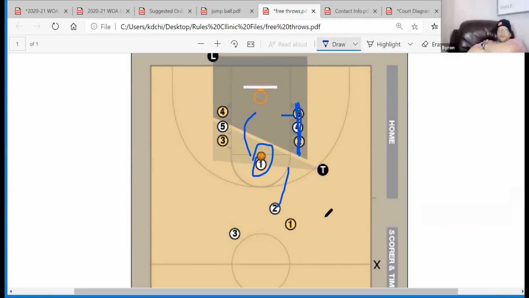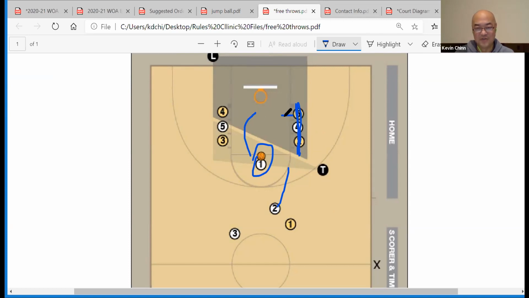Double violation. A second violation. Double or simultaneous lane violations. Okay, so when this person steps in, we have the delayed violation. See if you can follow me.